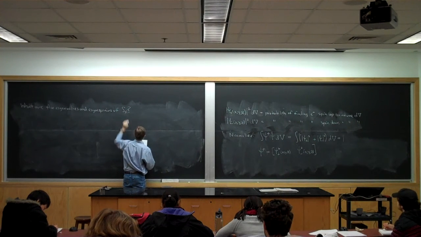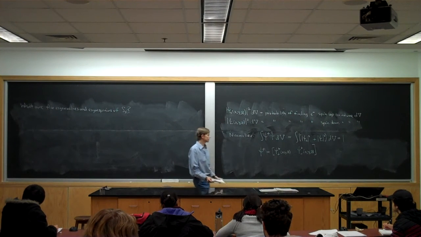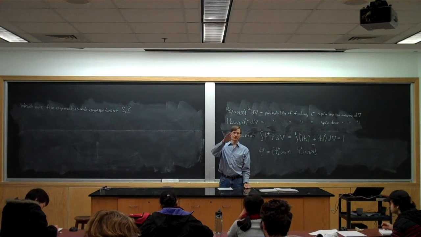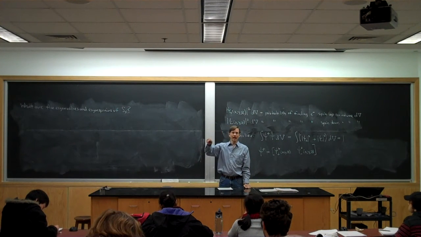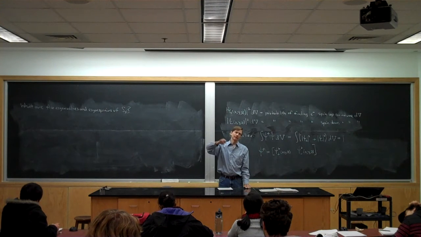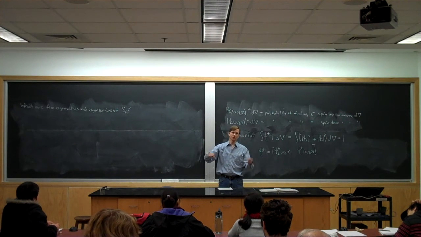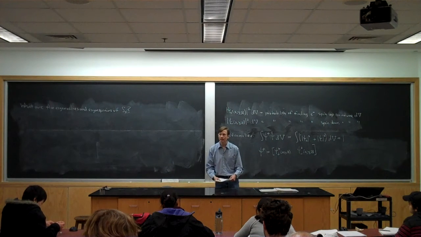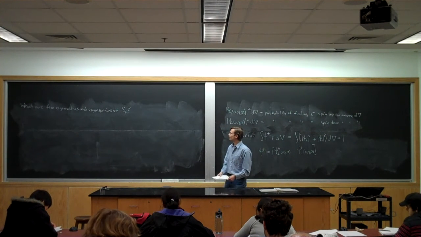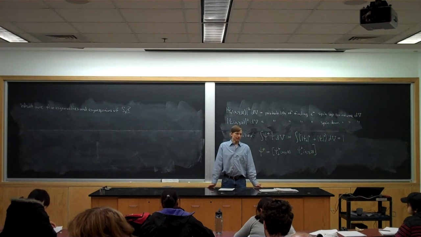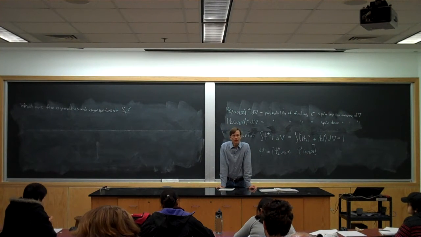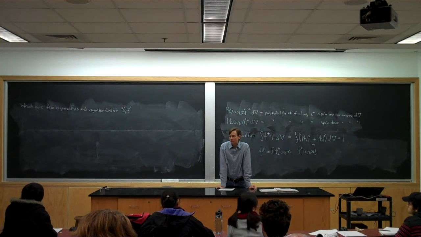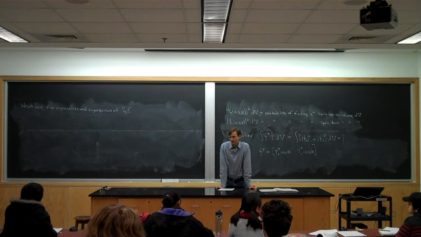of S sub x? Well, to find the eigenvalues, we could go to the trouble of doing the usual business of subtract off lambda along the diagonal, take the determinant, and set that equal to 0 so it doesn't have an inverse, and get a quadratic equation and solve for the lambdas. But what does the physics say? We know if we measure the z component of the angular momentum, the only possibilities are plus h bar over 2 and minus h bar over 2.